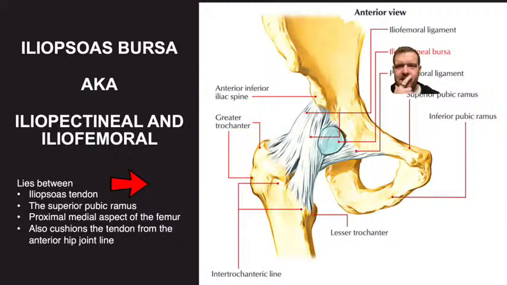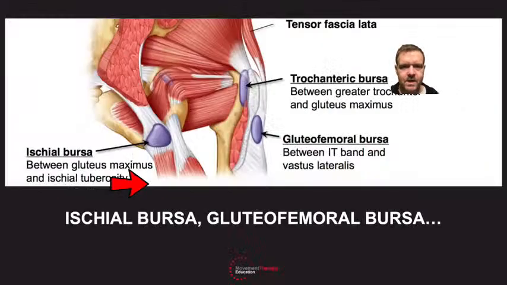We were doing some imaging and we were like, what the heck is that? That's not in the books. And we determined that it was probably a bursa. So if there's quite a lot of friction in an area, then the body will develop bursa to protect the structures. Cool.